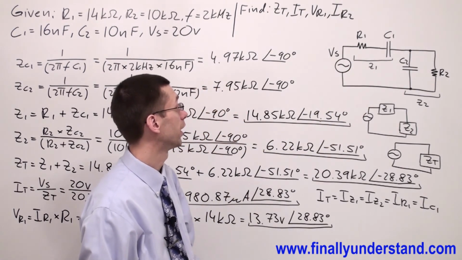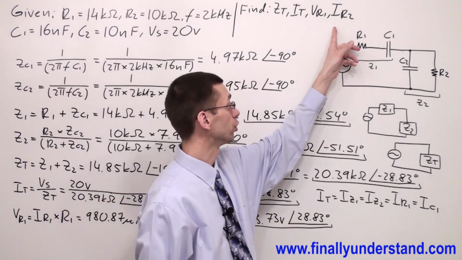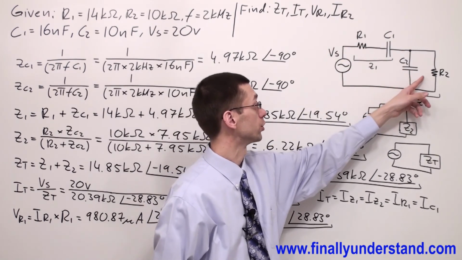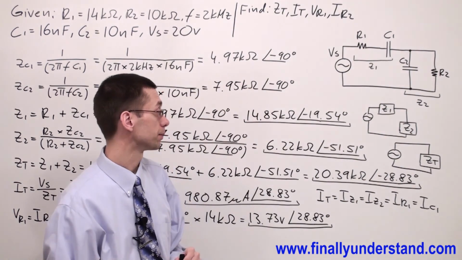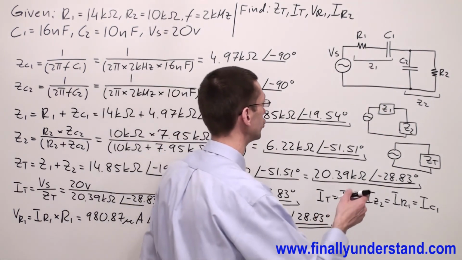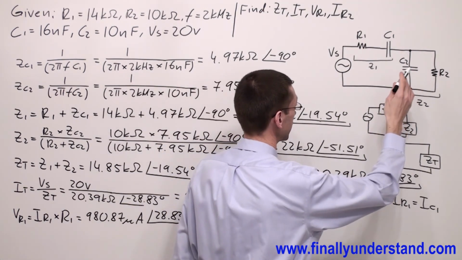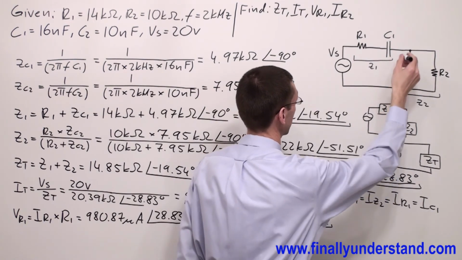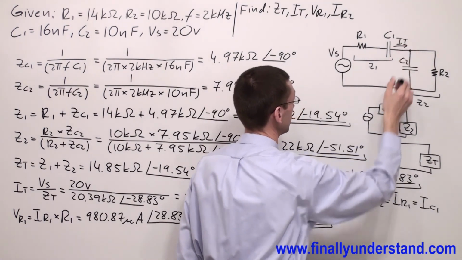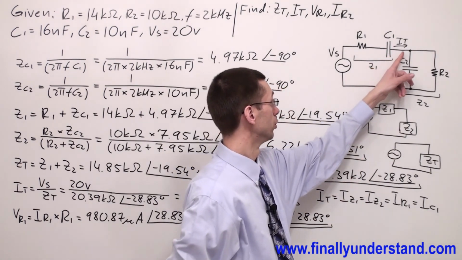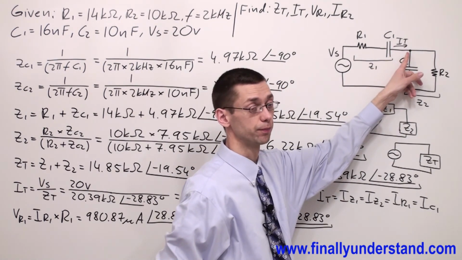Next, we're supposed to find the current which goes through resistor R2. Now, this time, we're going to use the current division law, okay? Remember, this is my I total. I total is going to go up to this point, okay?